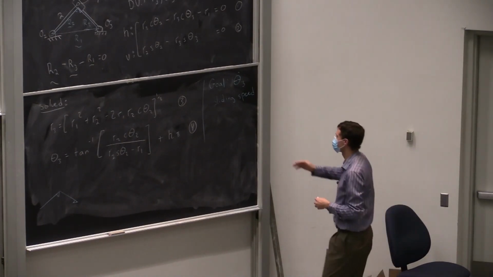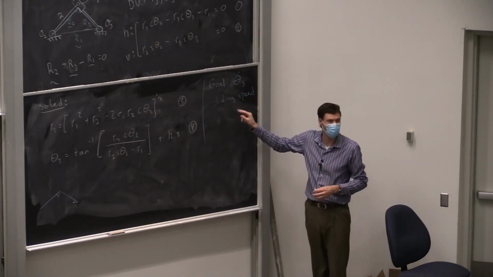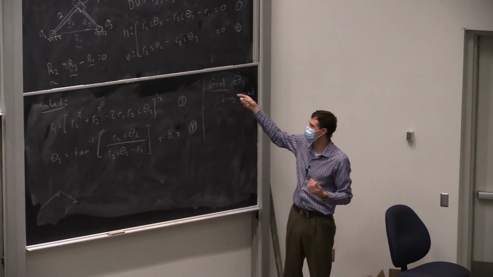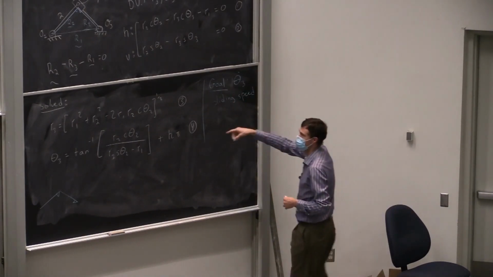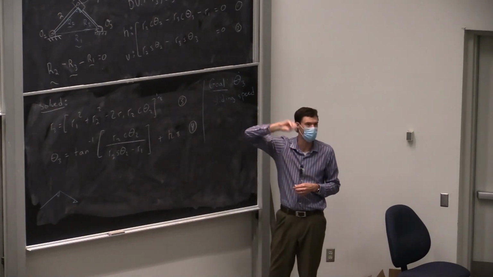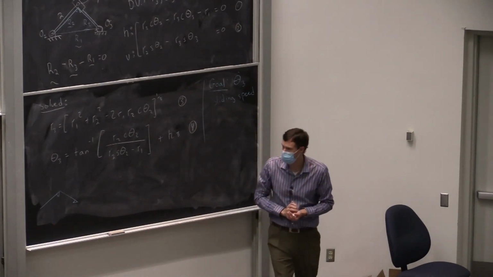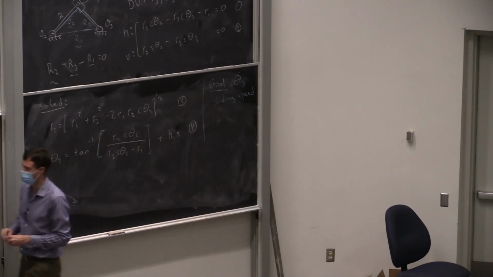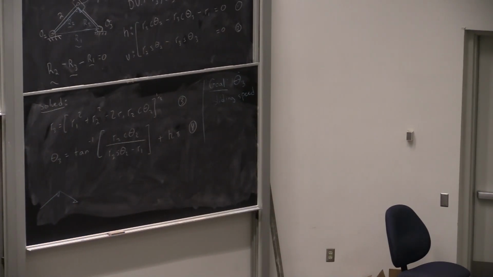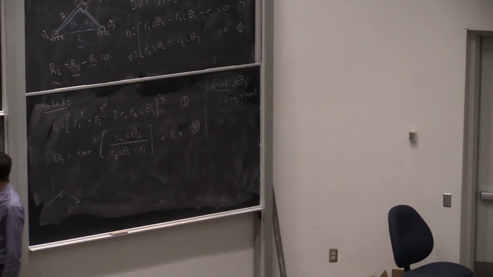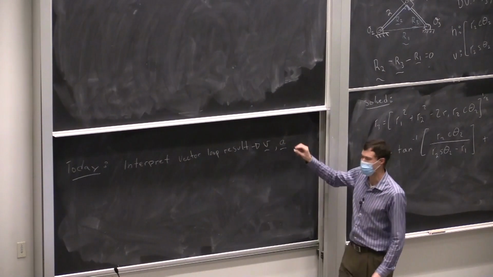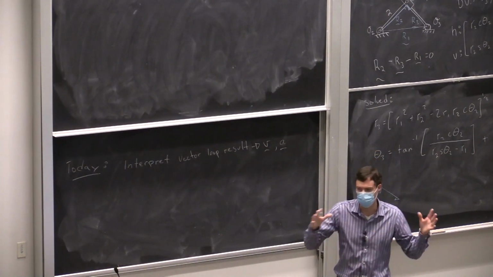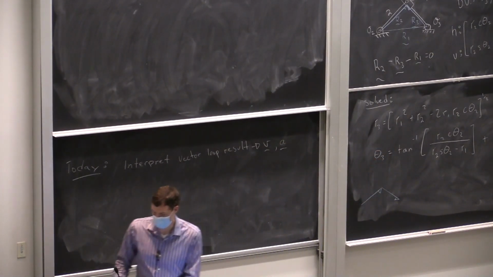So we're going to find those equations today, and ask ourselves, what's the direction of those once we find our equations? We're going to come back and look at the implications for our vector directions today. So we're going to interpret our vector loop result. In particular, we're going to be talking about velocity, but the same thing applies for acceleration, which we won't really write out full equations for today.